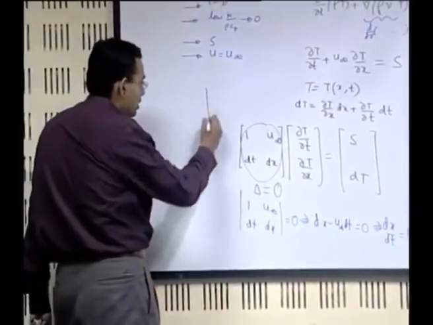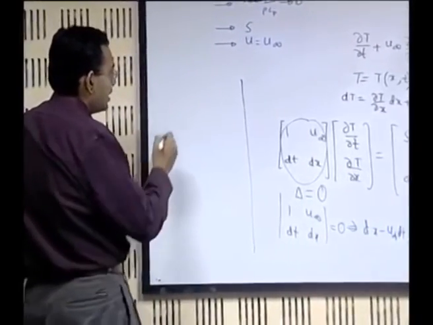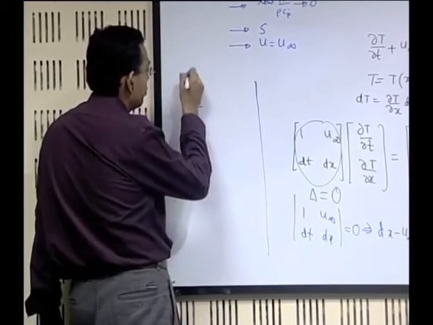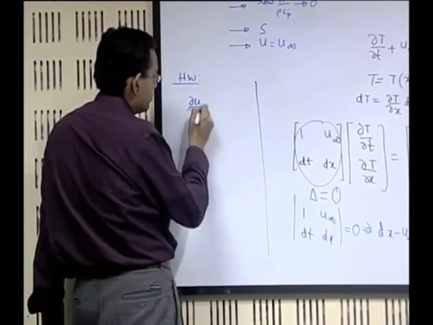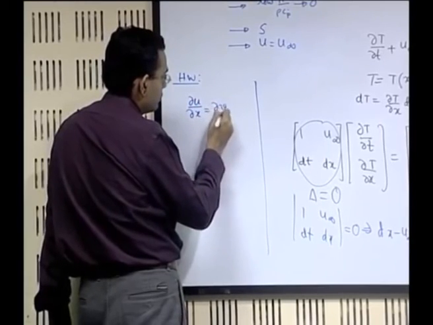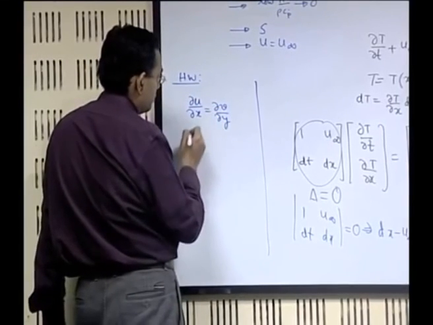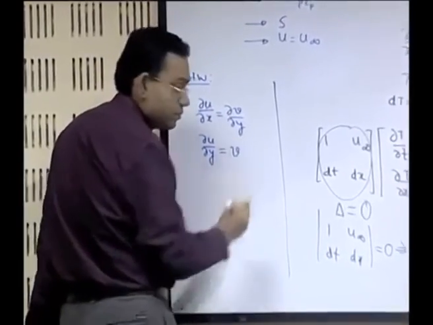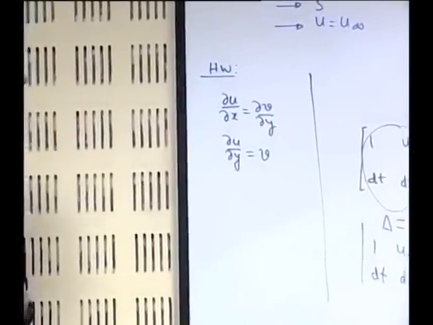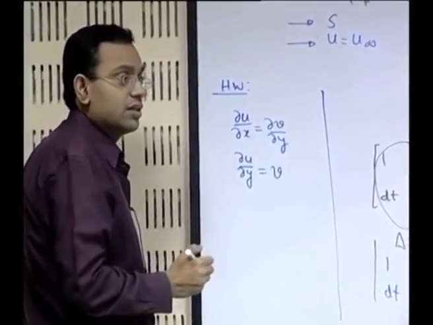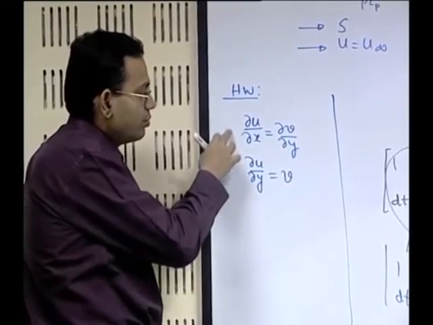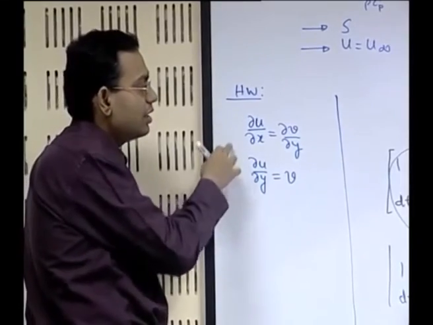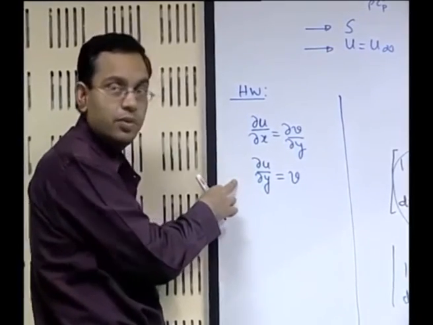So I will give you a homework exercise. Let us say that you have a system of partial differential equations, homework. So using these two equations which are coupled equations, you find out what is the nature of the partial differential equation, parabolic, elliptic or hyperbolic.